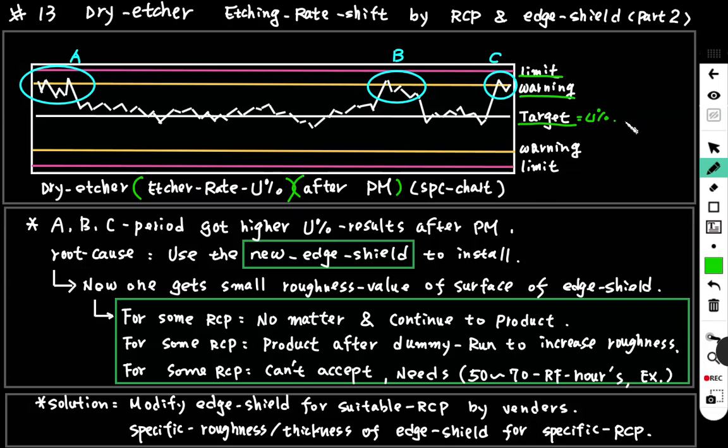Of course, for the etching rate, low is better, so high is bad.